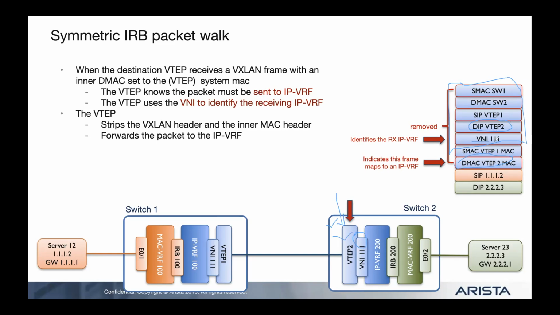And VNI is 111, right? So it tells us that whatever packet I have received belongs to this IP VRF. So I will land that packet into this IP VRF.